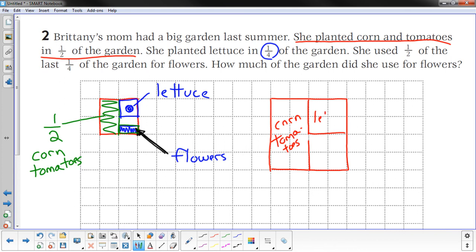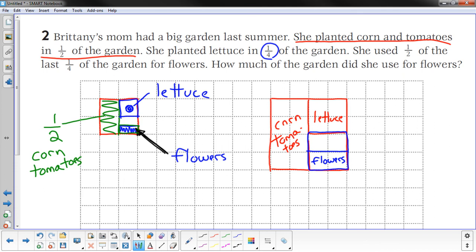This is lettuce. And now my flowers section is going to be in this region here, this 1/4 of open space, but it's only going to be half of the fourth. So my flowers are right here.